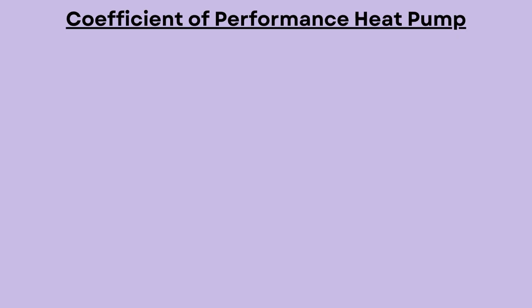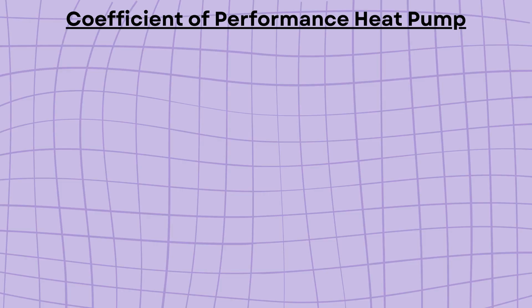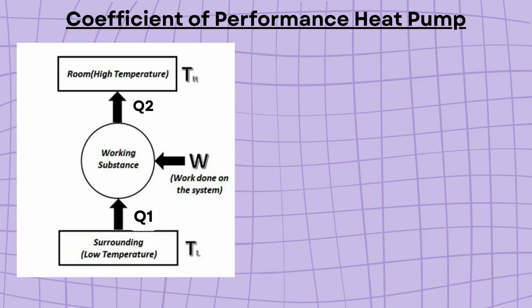Okay, we will start our explanation about the coefficient of performance for a heat pump. If you can see this picture, the Q1, which is in the refrigerator, has a low temperature, like I said before, and the W is the work done on the system. And also we have Q2, which is at the room with a high temperature.